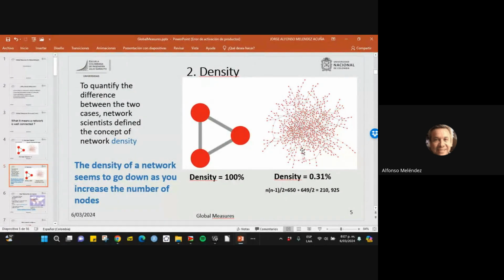Okay? But this network has fewer connections. If you divide the number of real connections by the number of possible connections, you get the density of the network. I don't know if this is clear. For example, here, number of connections, three. Number of possible connections, maximum number of connections, three. Three divided by three, 100%. Okay.